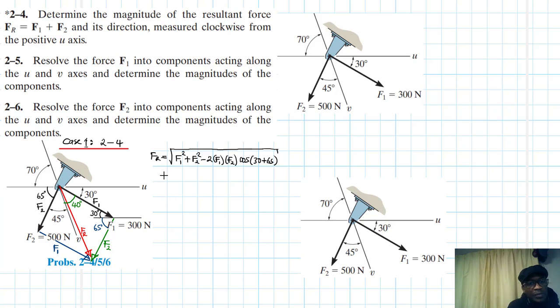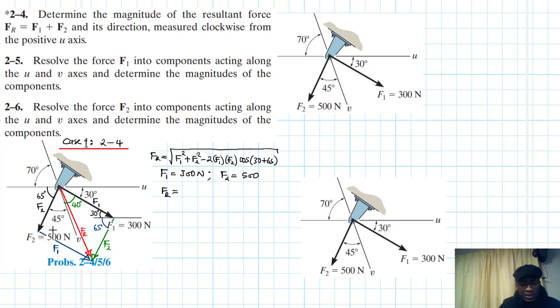What is F1? We know F1 is equal to 300 newtons. F2 is equal to 500 newtons. Therefore, FR is equal to, grab your calculators, begin working out: the square root of 300 squared plus 500 squared minus 2 times 300 times 500 times cos of 30 plus 65.